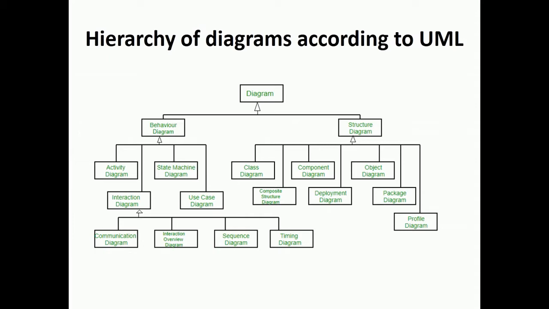Further, interaction diagram is divided into four categories: communication diagram, interaction overview diagram, sequence diagram and the timing diagram. And the structure diagram is divided into class diagram, composite structure diagram, component diagram, deployment diagram, object diagram, package diagram and profile diagram. This is the hierarchy of diagrams according to Unified Modeling Language.